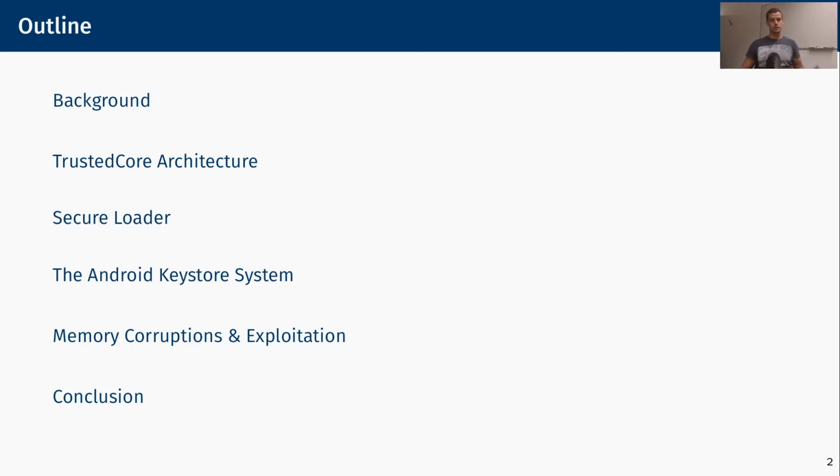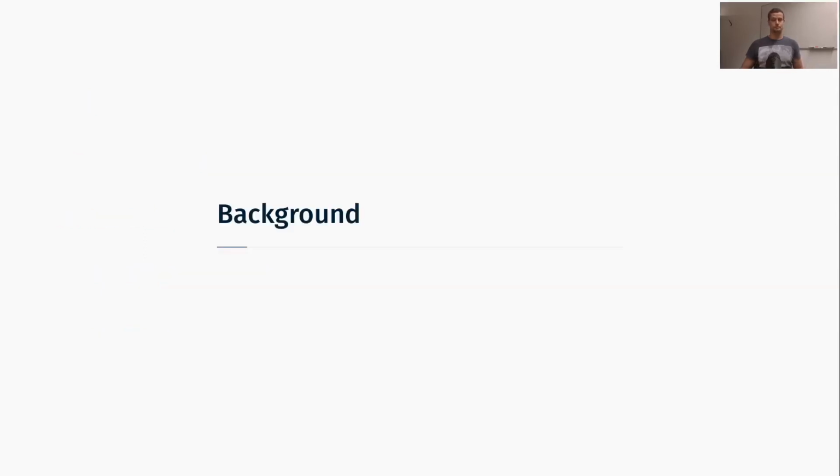We're going to examine the secure loader that is used by TrustedCore. Then we're going to dive into the Android keystore system. And then we're going to look at a memory corruption flaw that we found during the course of this work, and show you how we managed to exploit it. Finally, we're going to conclude by giving you some lessons learned about TEEs in general.